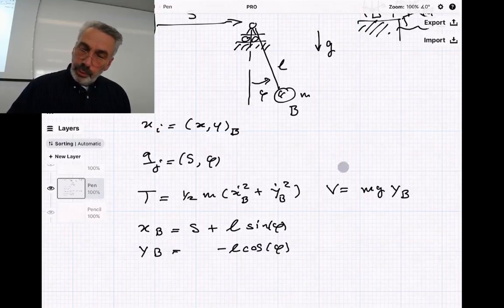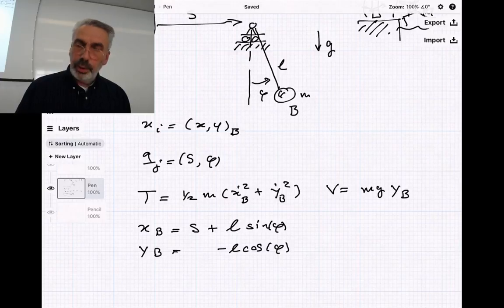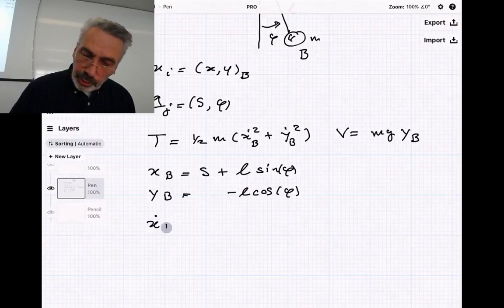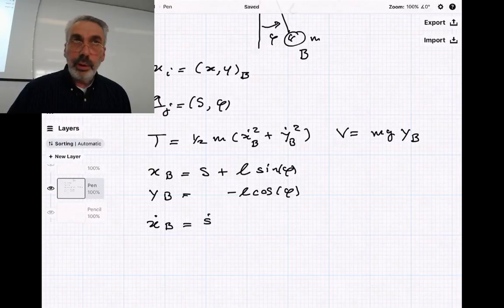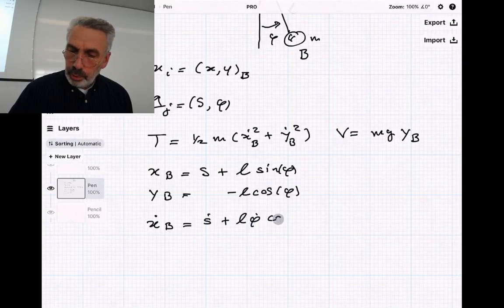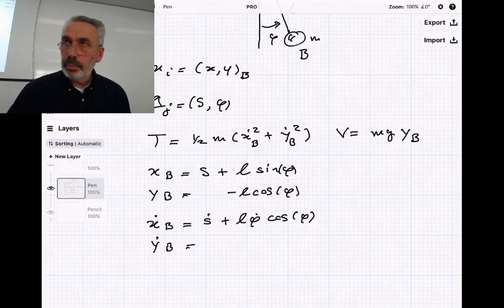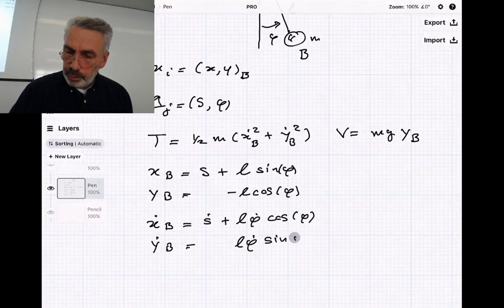Now, so potential energy is already defined. You just substitute that here, and that's in business. Then kinetic energy, we have to do one little thing more. We have to differentiate. So x dot B is s dot, and then the sine is cosine, so I get L phi dot cosine phi, and y dot B is, cosine is minus, L phi dot sine phi.